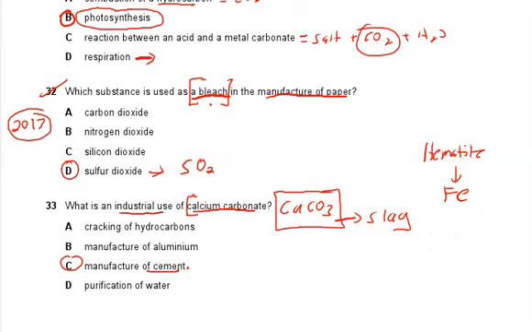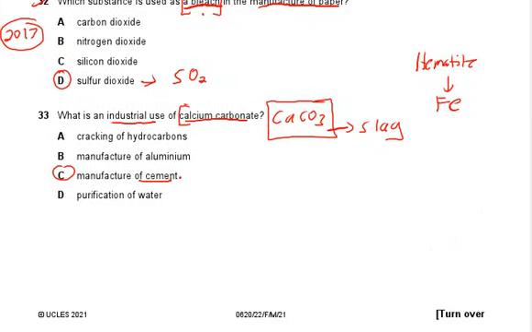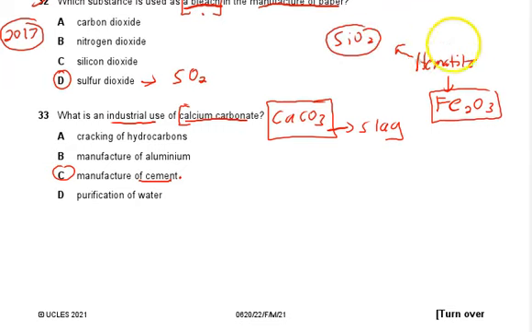The hematite here contains ferrum oxide, and also it contains impurities, which is silicon dioxide. So as a raw material for this process, they will use calcium carbonate, where this calcium carbonate will be thermally decomposed into calcium oxide.